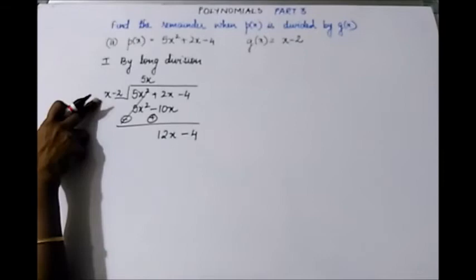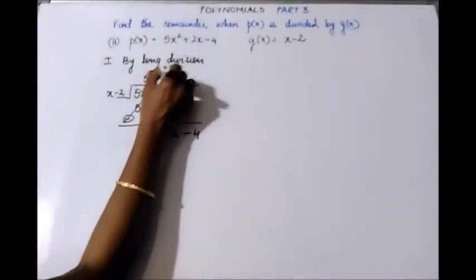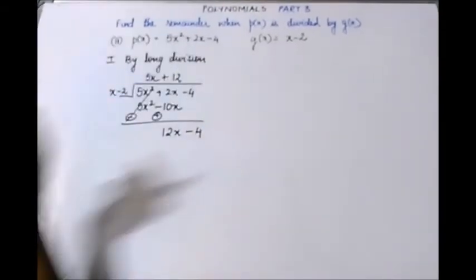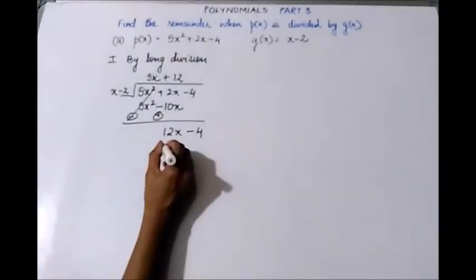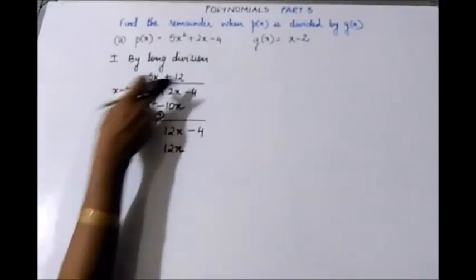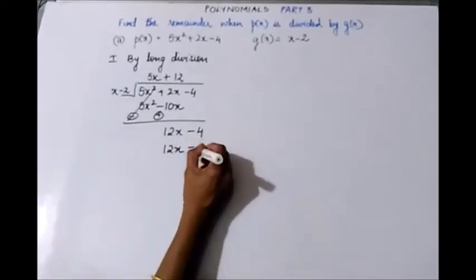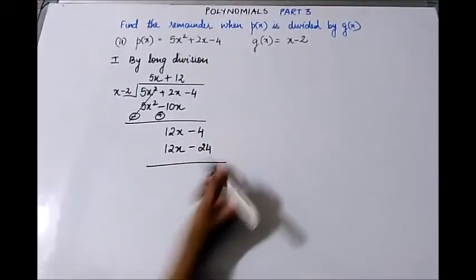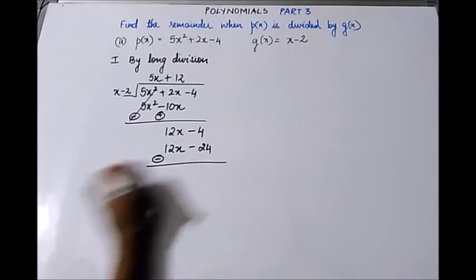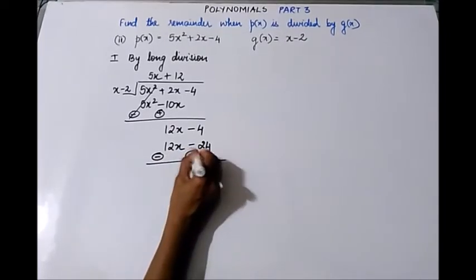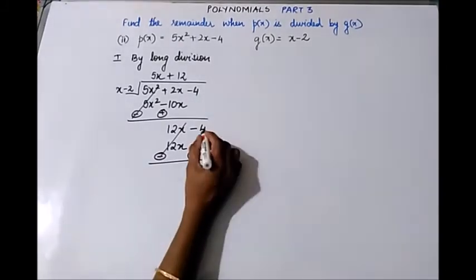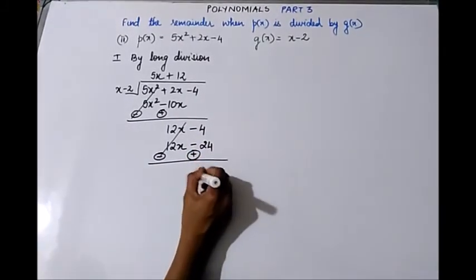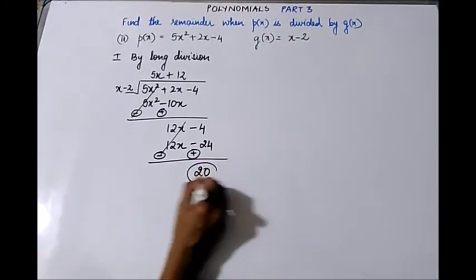Next, 12x divided by x will give us plus 12. Plus 12, now we should multiply it to the divisor. 12 into x will give us 12x. 12 into minus 2 will give us minus 24. Subtract, that is, here it will become minus and here it will become plus. 12x minus 12x will give us 0. Minus 4 plus 24 will give us plus 20. So here the remainder is 20.